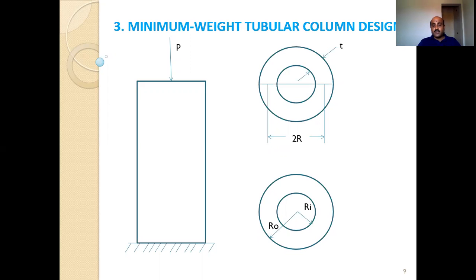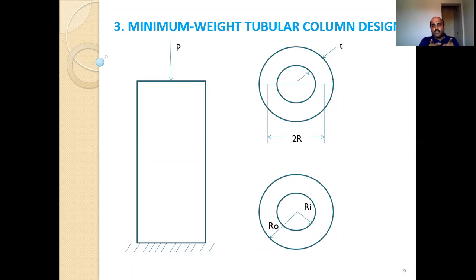In the diagrams shown here, one section is taken in the form of the mean radius R and the thickness, and the second formulation is taken in the form of inner radius and outer radius. In two different ways you can formulate this minimum weight tubular column design.